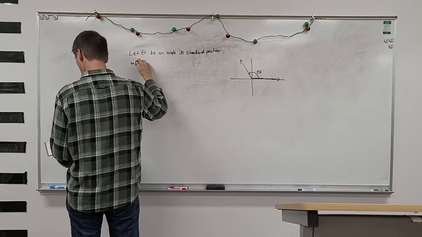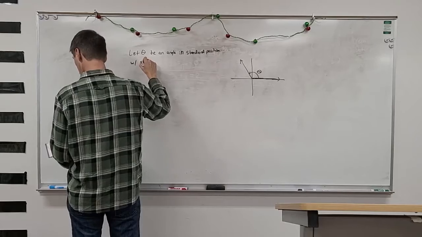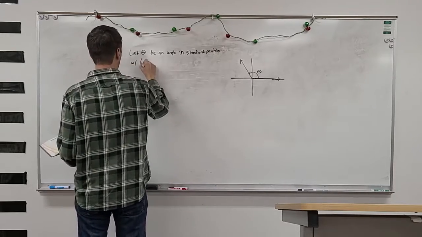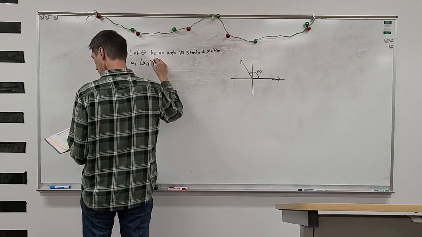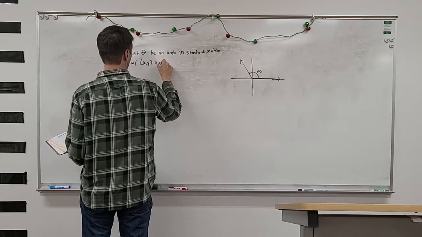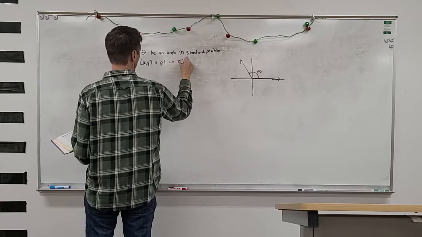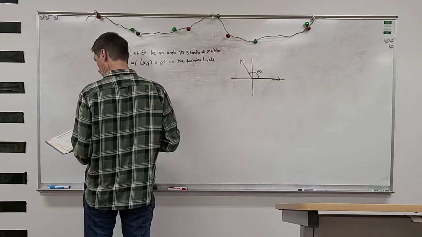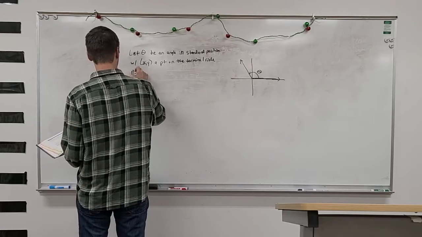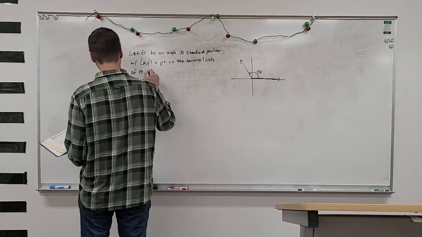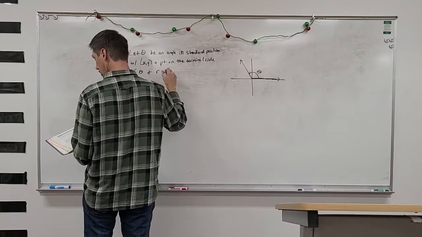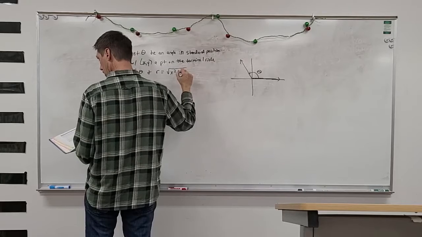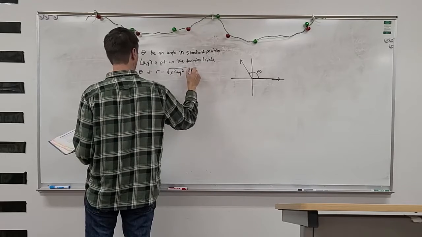With a point (x, y) on the terminal side of theta, and r equal to the square root of x squared plus y squared, and r not equal to 0.